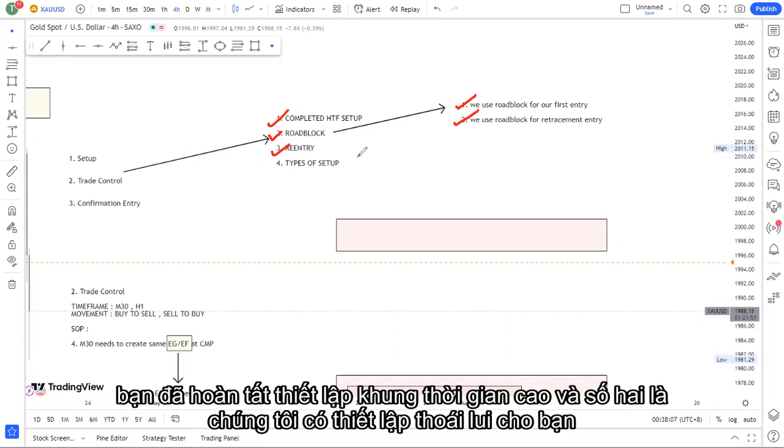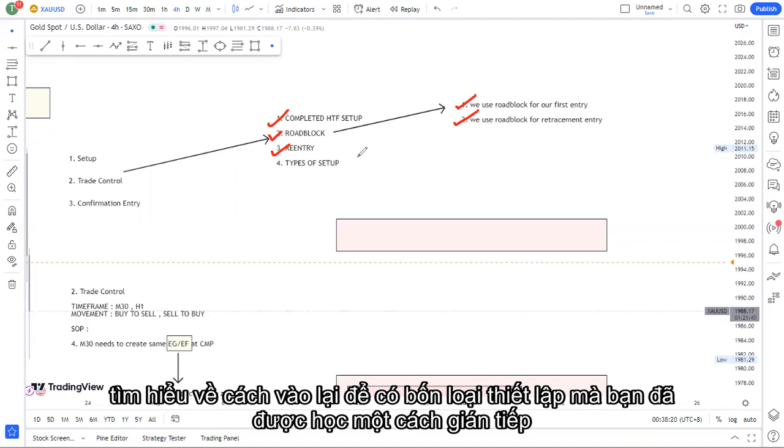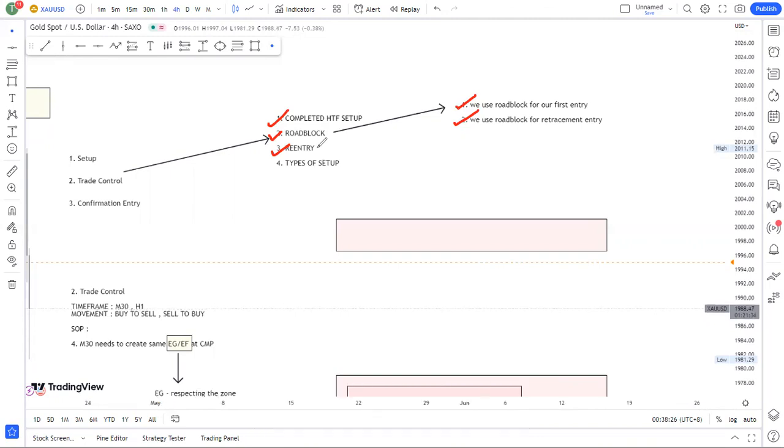Number one, we have the completed high time frame setup. Number two, we have the retracement setup. Number three, we have the first entry. And then we also learned how to re-entry. So there are 4 types of setup that you already learned indirectly.